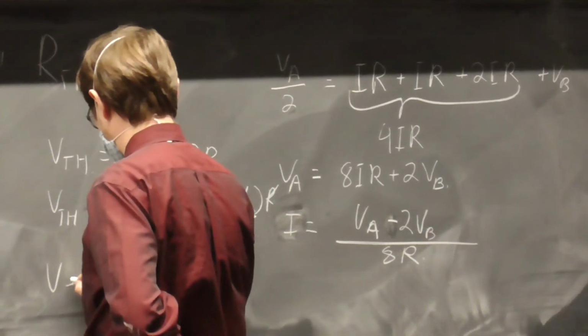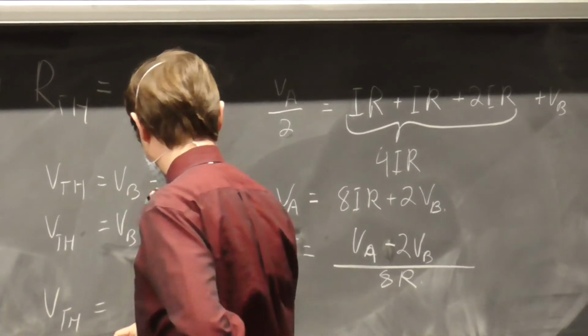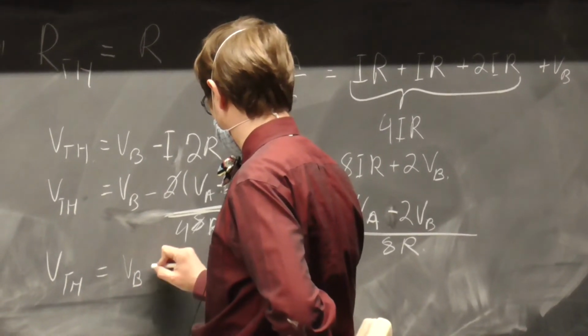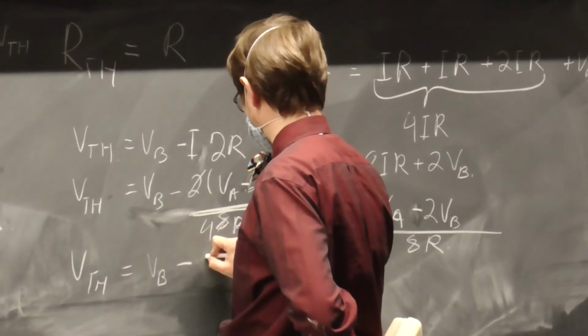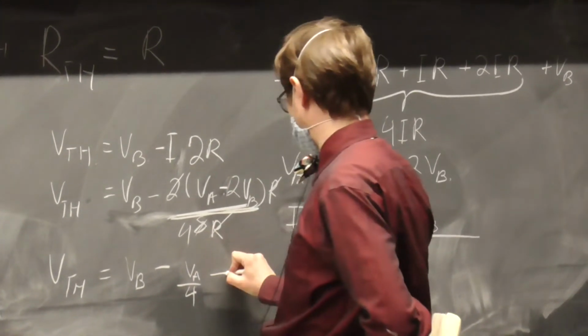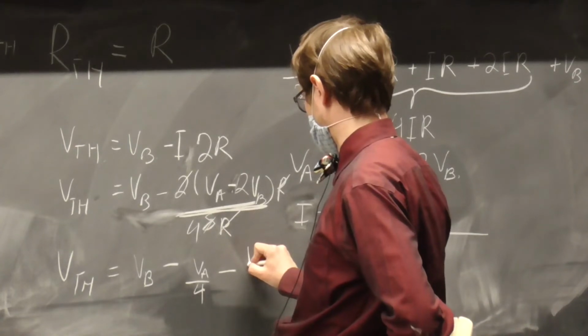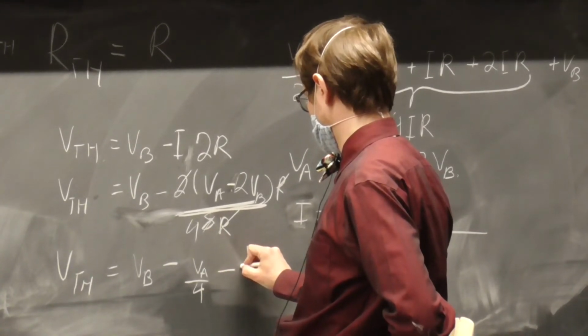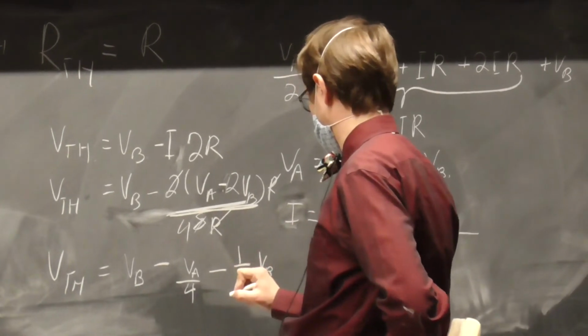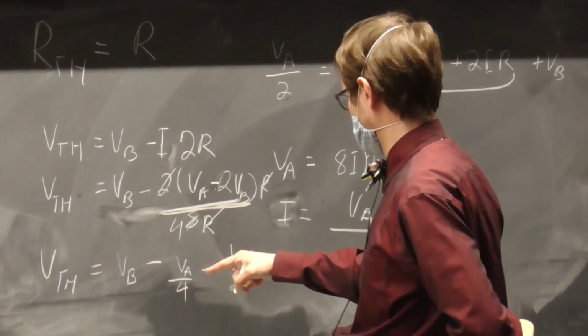So VTH is equal to VB minus VA over 4 minus half VB, I think. Yeah.